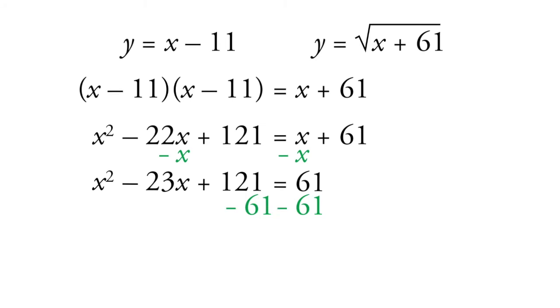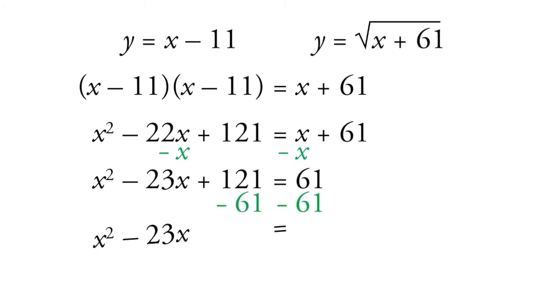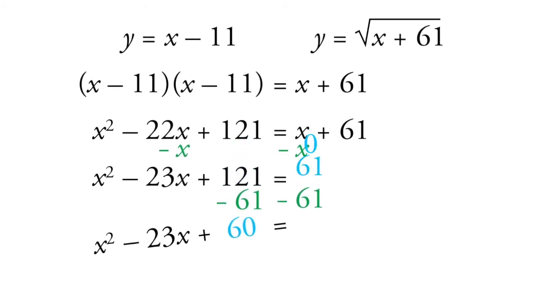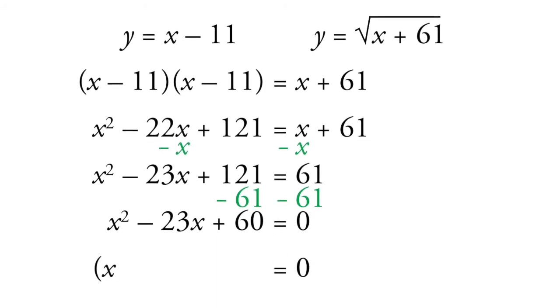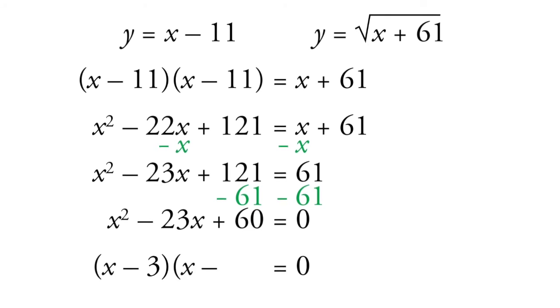And we'll subtract 61 from both sides, and we get x squared minus 23x plus 60 is equal to 0. Now we can factor that into (x minus 3)(x minus 20).